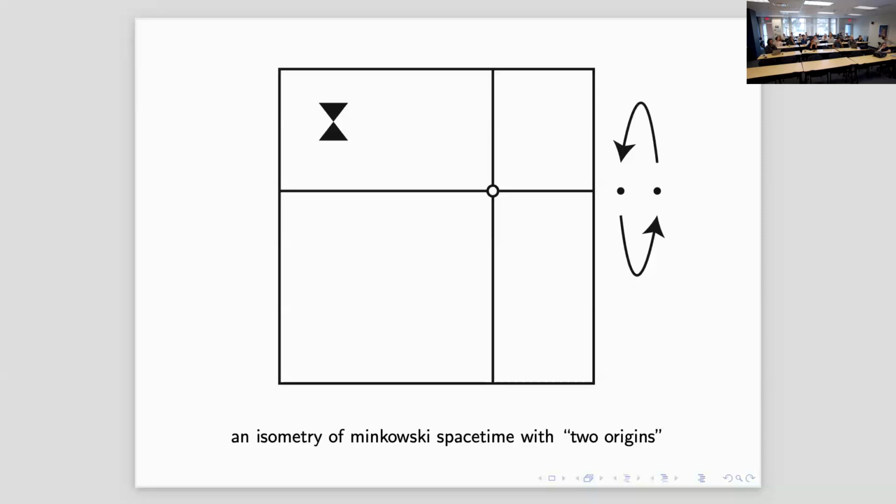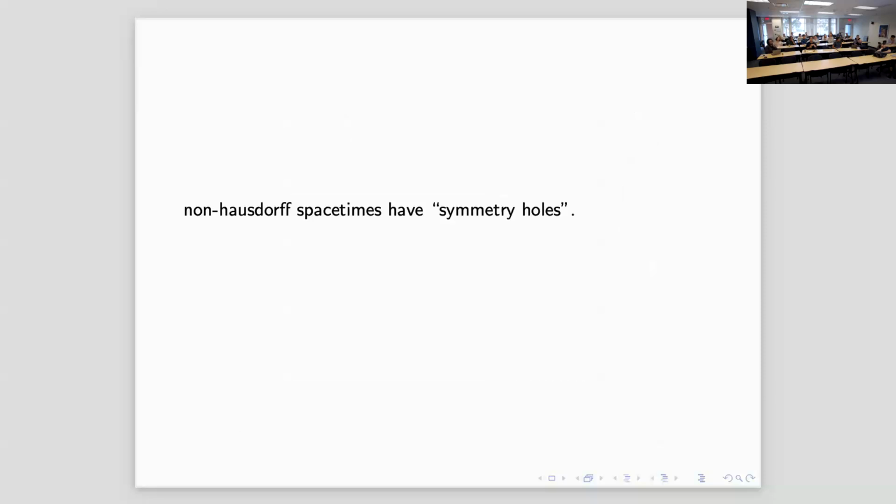We can fix the symmetries there as the identity map, and yet that doesn't fix what goes on, say, in a hole that's around those witness points. So it's not the case that fixing the symmetries in an open set fixes them everywhere. And so there's a sense in which these spacetimes have a type of symmetry holes, or a type of symmetry indeterminism.